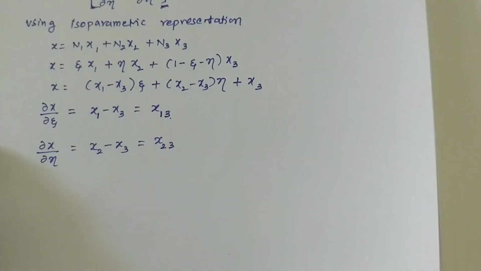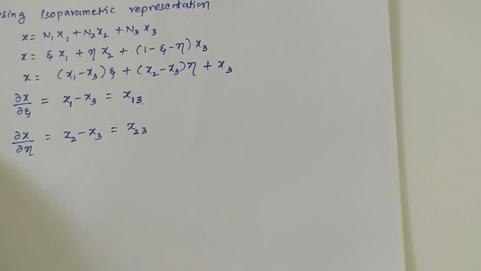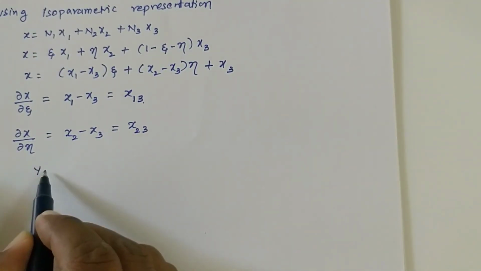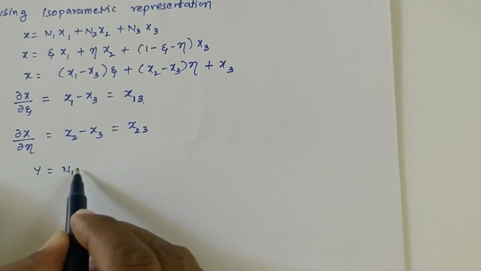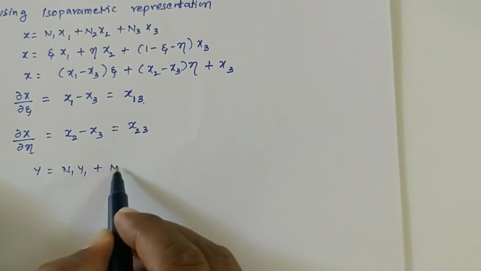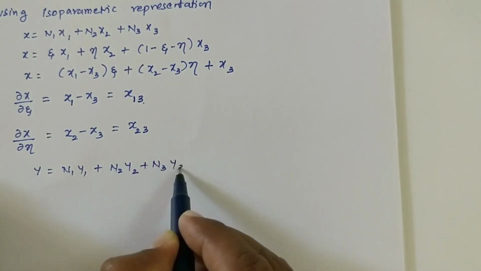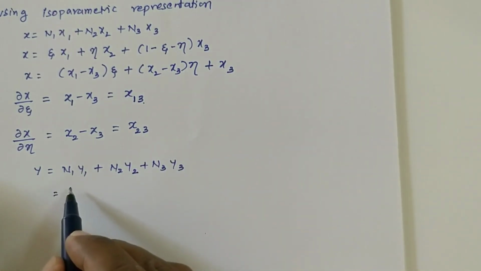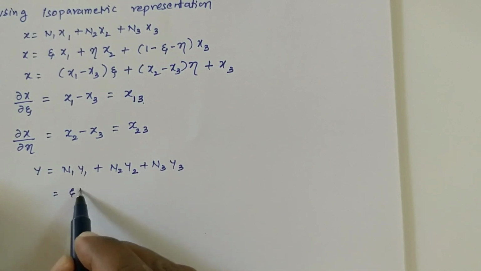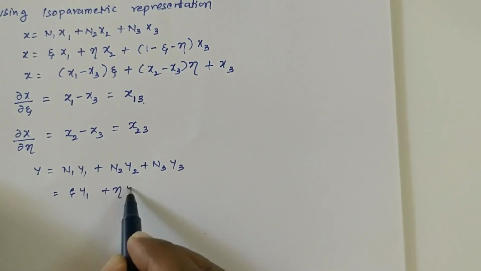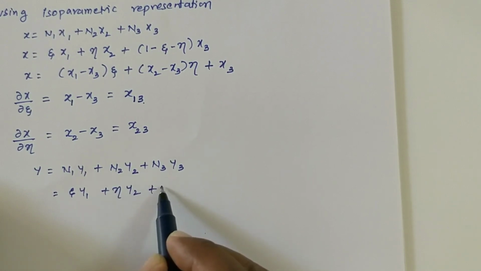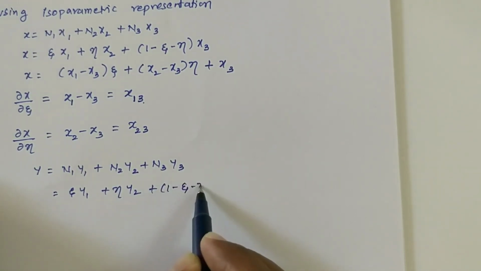So similarly, we can write for the y function. We take y equals N1 y1 plus N2 y2 plus N3 y3. So N1 is zeta, N2 is eta, and N3 is 1 minus zeta minus eta.